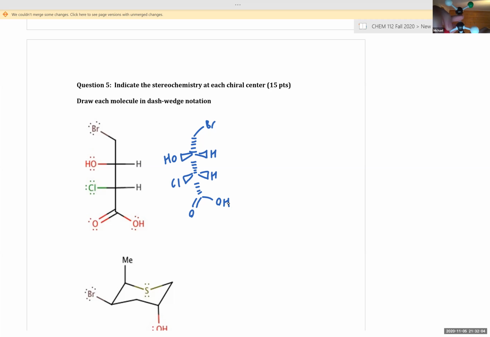Now, all we're going to do to convert this Newman projection into a normal dash wedge structure is turn it on its side and draw what we see. So in this case, we have our following setup.